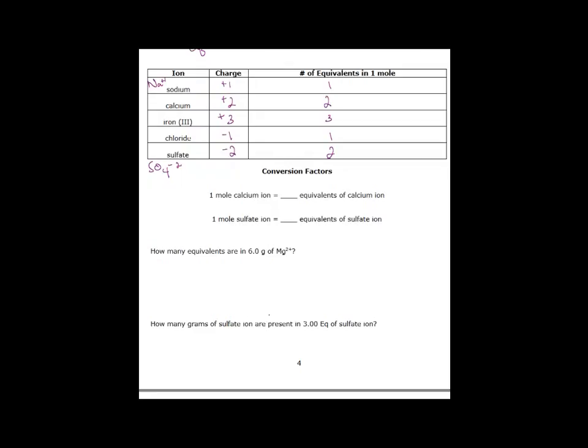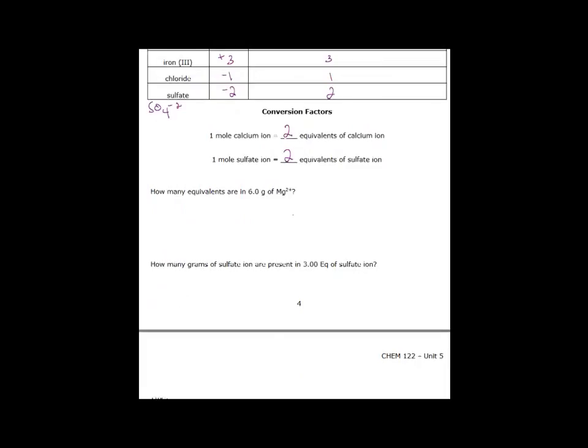So these are conversion factors. 1 mole of calcium ion is 2 equivalents of calcium ion. 1 mole of sulfate ion is 2 equivalents of sulfate ion. So if I asked you how many equivalents are in 6 grams of magnesium ion, I would have to start off with 6 grams of magnesium, and I would have to convert grams to moles. So I would get that off the periodic table.